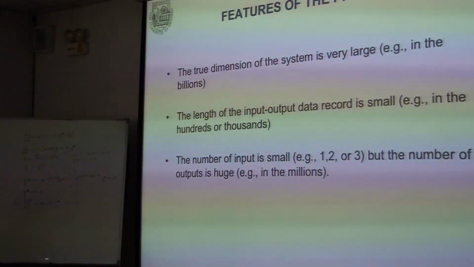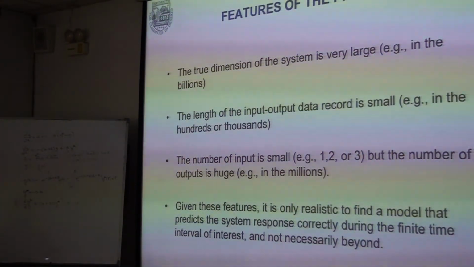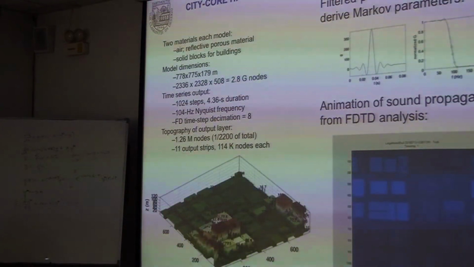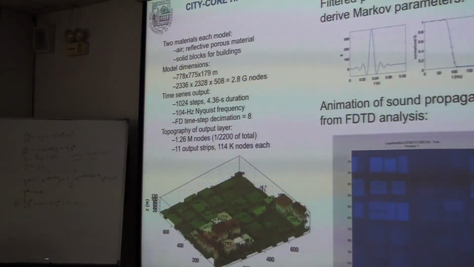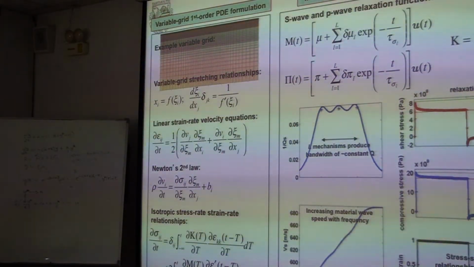We talk about millions of output measurements, because every point in space is an output location. So we take advantage of these features to develop system ID methods that can operate in this extreme very fast. Okay, so I showed you the simulation already, so I'm going to skip. That was the example of acoustic simulation.